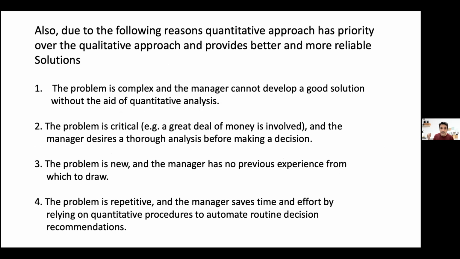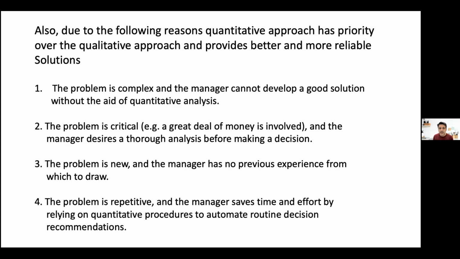So first of all, these are the cases where we pick the first option for the solution. Sometimes the problems are complex and managers cannot develop a good solution. We pick the first option, the quantitative approach.